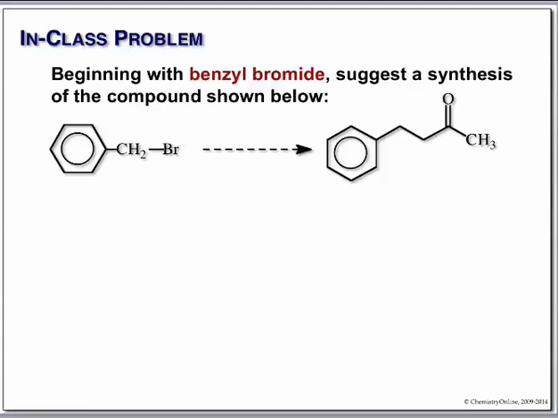Now, in terms of making ketones, we know that we can make a ketone if we have an alcohol. The alcohol carbon will be the one that is the carbonyl here. And we do that by a simple oxidation reaction.